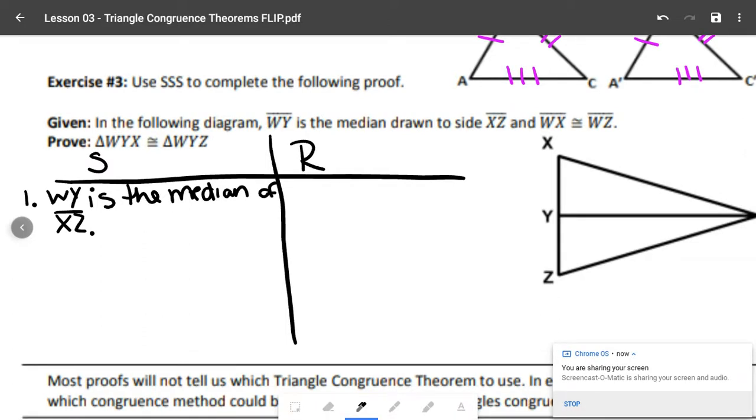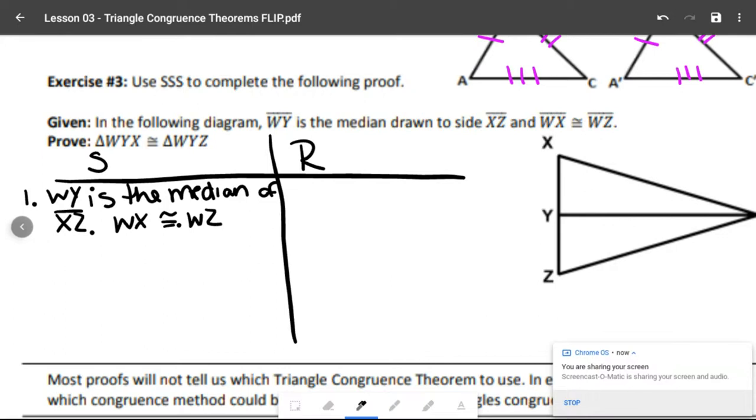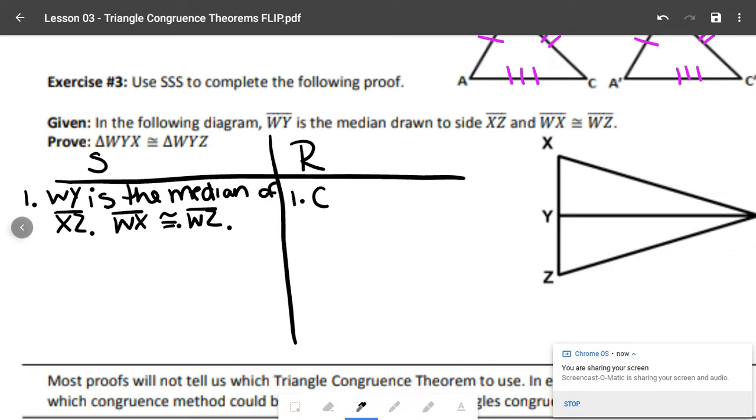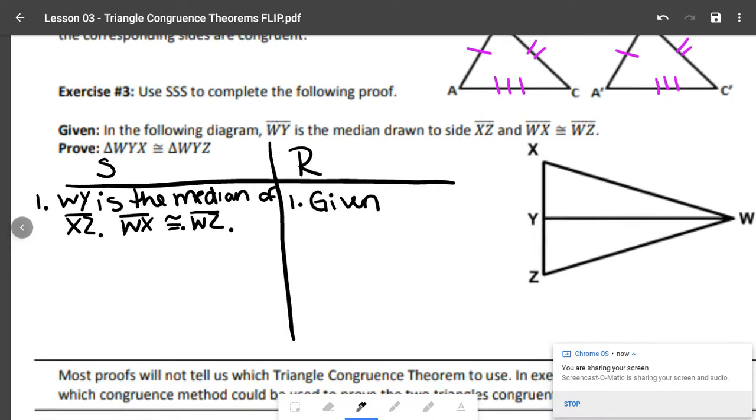And we also know that WX is congruent to WZ. So that's my given information. I know that for sure. There's not a doubt in my mind that I'm positive of that because I'm being told it. So I'm even going to mark that WX is congruent to WZ. Okay, it's what we know.